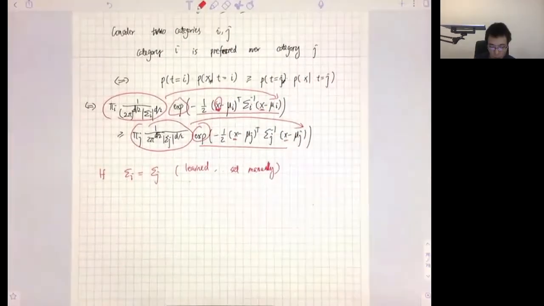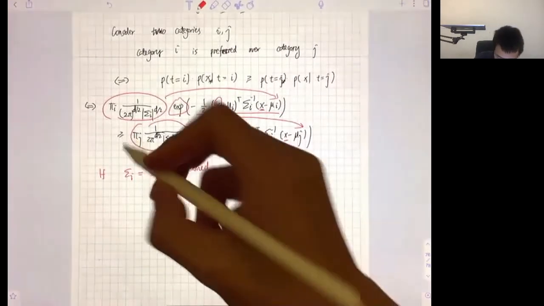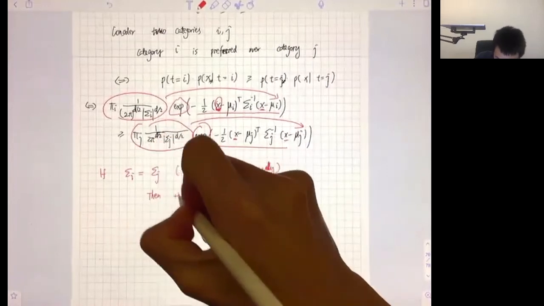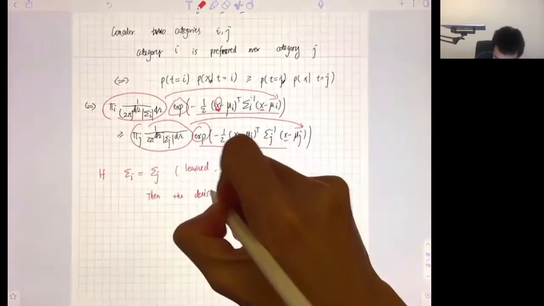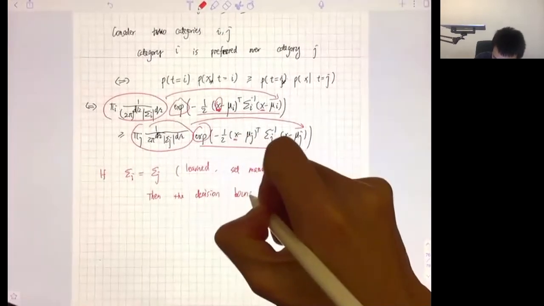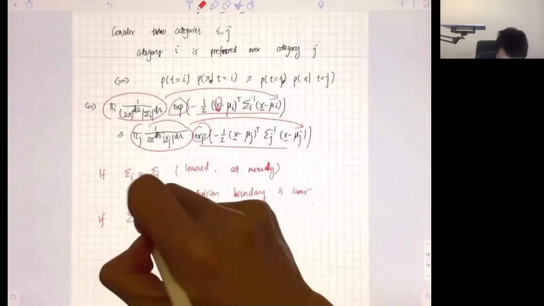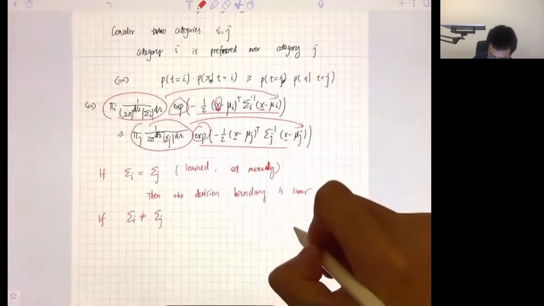I manually set all the sigmas to be the same. Then the decision boundary is a line. Decision boundary is linear. If sigma I is not sigma j, then it's quadratic.